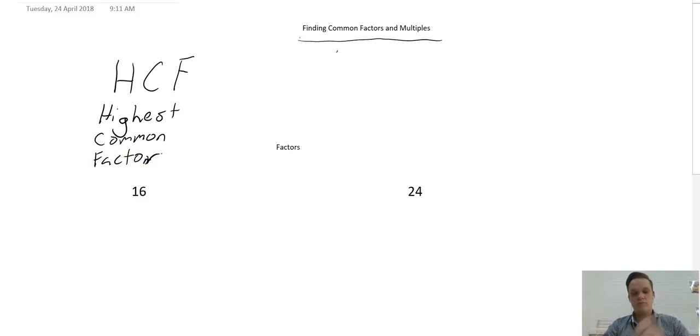So what you're going to do to solve, because we're going to need to find our HCF in a couple of sums, we're going to look at our two numbers. Now I've already got my two numbers and we've split them out so that we've got room to write all our numbers for them. So we're going to find the factors of 16 and the factors of 24.